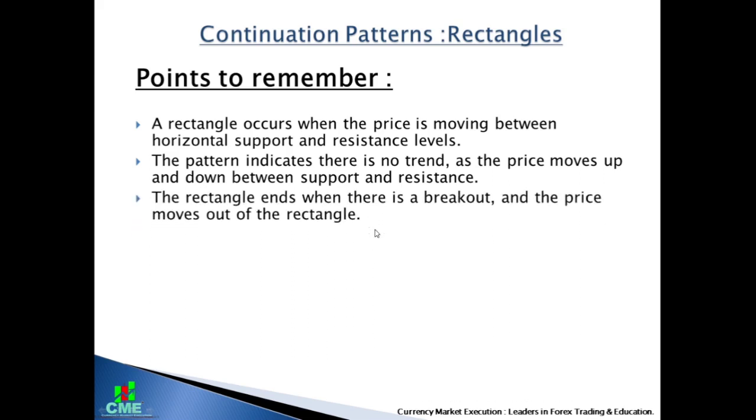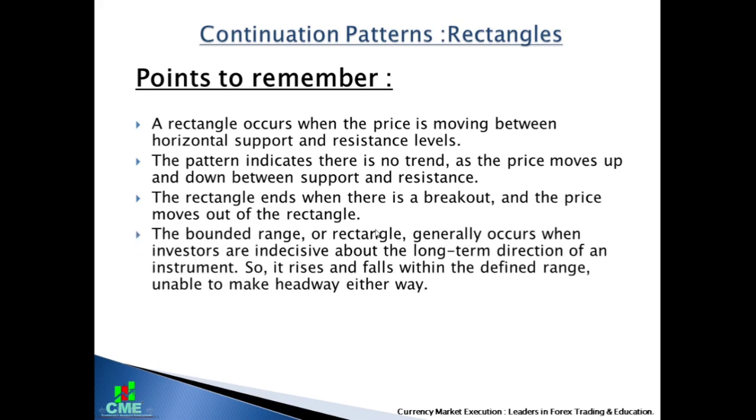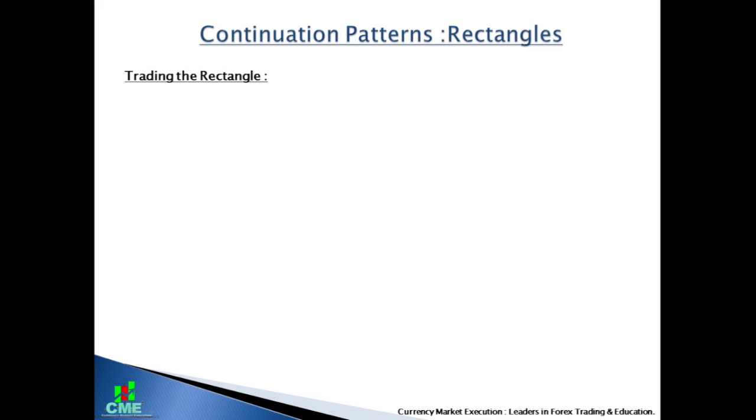The rectangle ends when there is a breakout and the price moves out of the rectangle. The bounded range of a rectangle generally occurs when traders are indecisive about the long-term direction of an instrument. So it rises and falls within the defined range, unable to make headway either way.